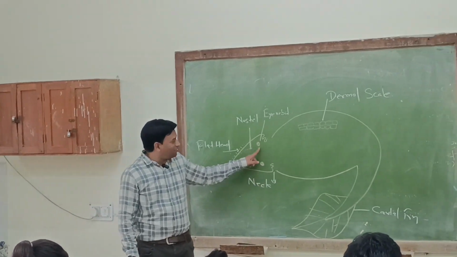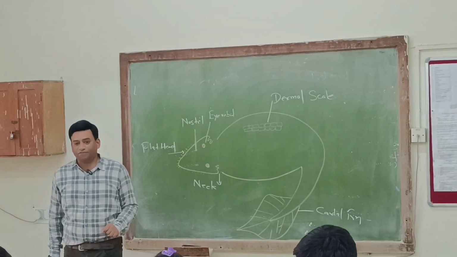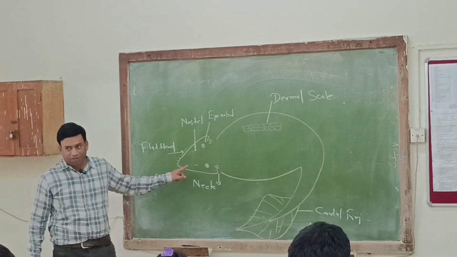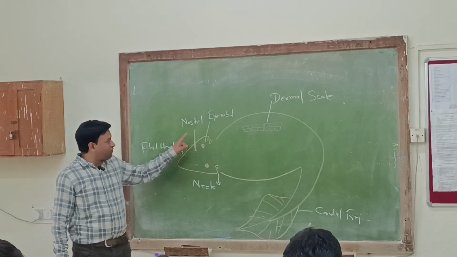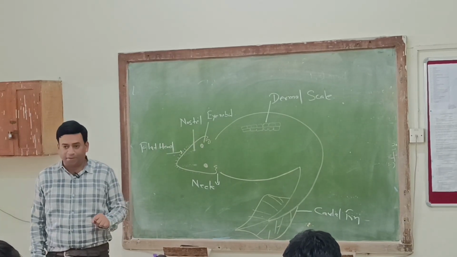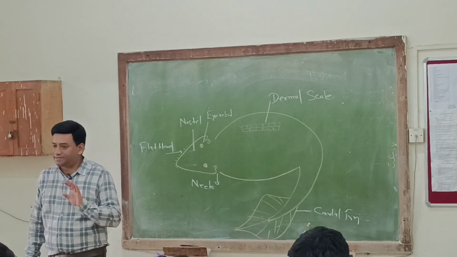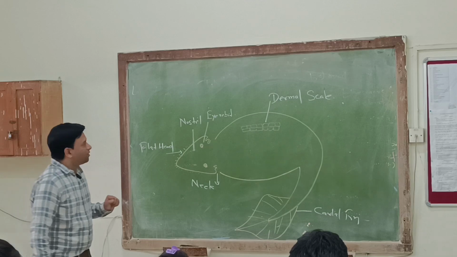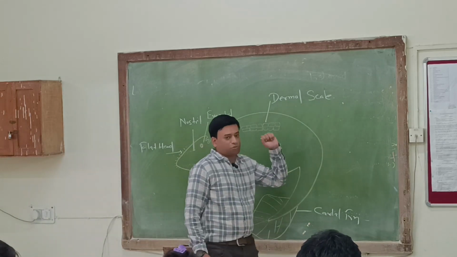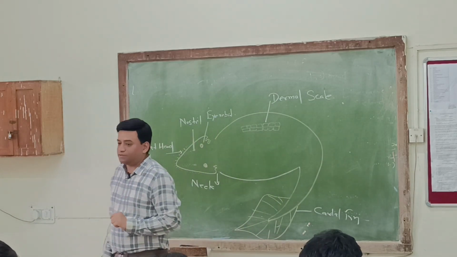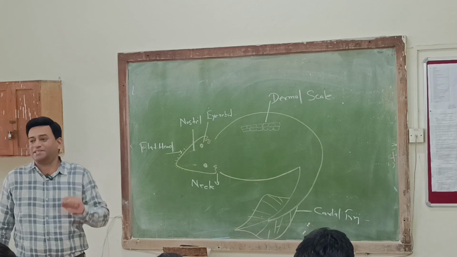Okay. The eye shows that this is an amphibia. The position of the eye shows that this is amphibia. The position of the nostril shows that this is amphibia. Now having a movable neck proves that this is an amphibia. But having the dermal scale shows that it is not an amphibia, but actually it is a fish.